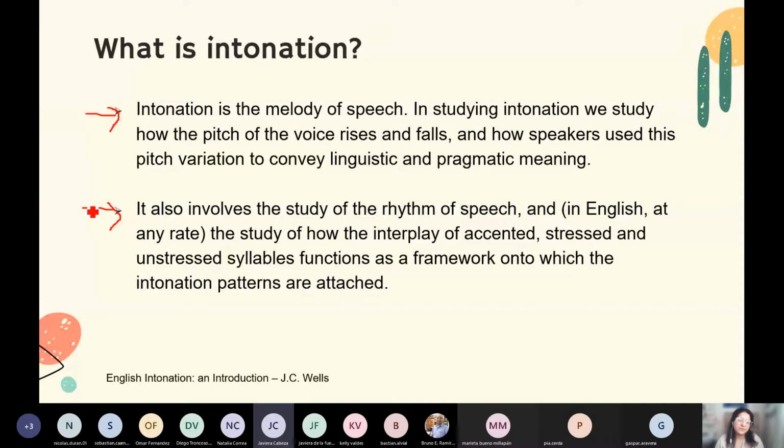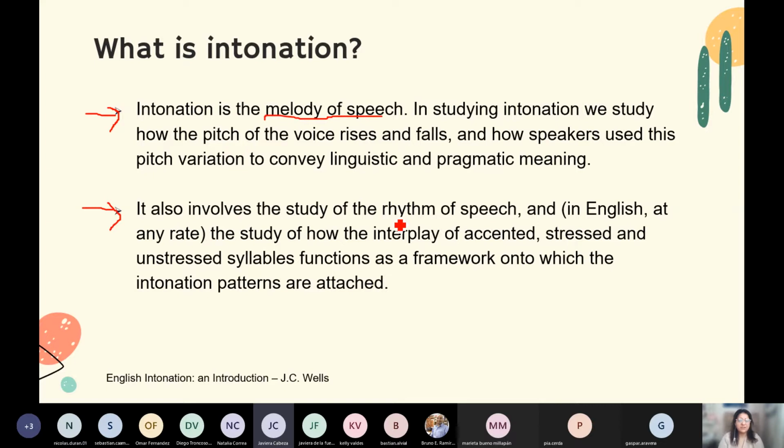But in other words, when we speak, speakers generally rise and lower the pitch of their voice. And this is what forms the pitch patterns. These changes in pitch are what we call intonation. And intonation is often called the melody of speech.